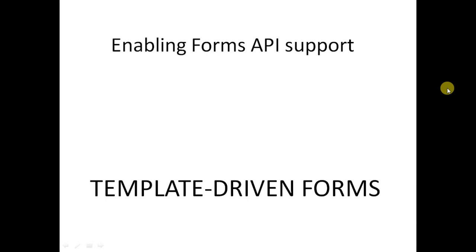Although these two roles are separate, they do not conflict and can be safely used at the same time on a single HTML element. You will see an example in this section. Let's briefly look at these directives and then apply the template driven approach to the sample registration form.